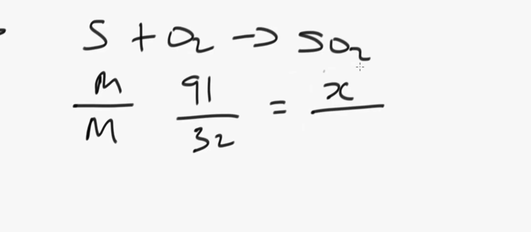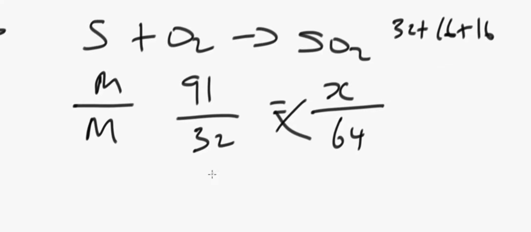So the molar mass of sulfur oxide will be, the relative atomic mass of sulfur is 32, so it will give you 32 plus oxygen, we have 2 atoms of oxygen here, that's plus 16 plus 16. So if you add everything together, you're going to have 64. So when you cross multiply, you're going to have 91 times 64 equals 32x.